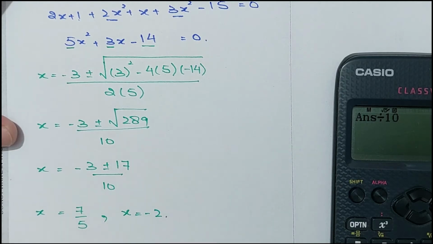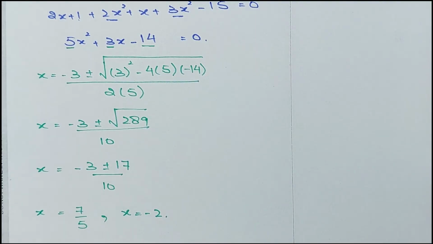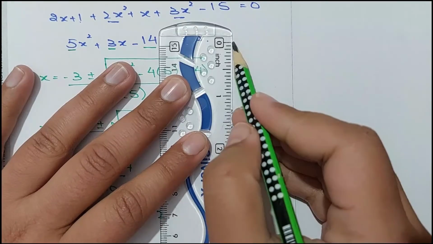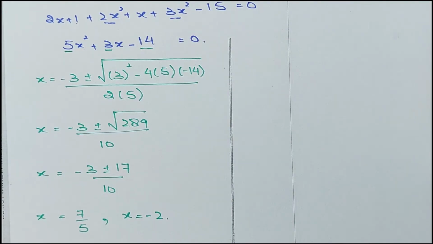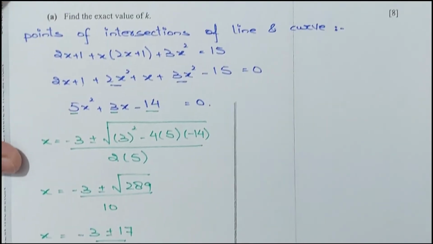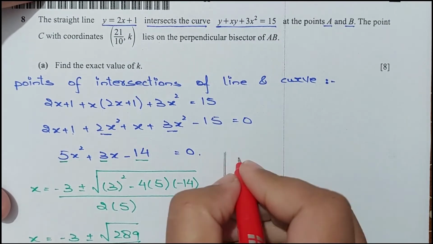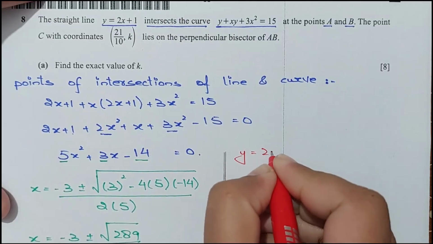So we have the two x coordinates. Let me solve for the corresponding y values by plugging the x coordinates into the straight line. The straight line equation is y equals 2x plus 1.